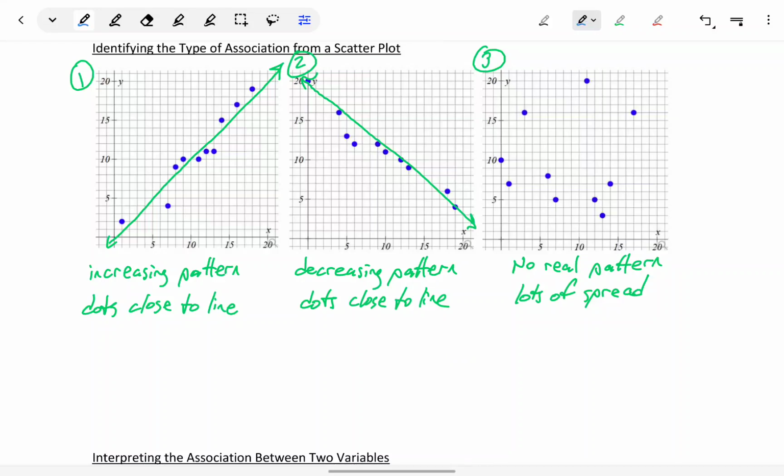Now let's go back and talk about what these patterns mean a little more mathematically and some of the language that we attach to this. Going back to graph 1, we saw this increasing pattern. As we read from left to right, the y values are getting larger, and the dots were close to this straight line pattern. We refer to this as a strong positive association.